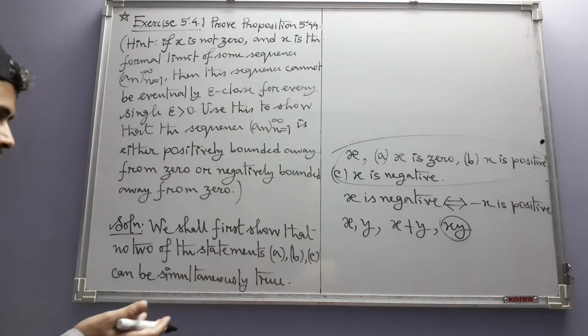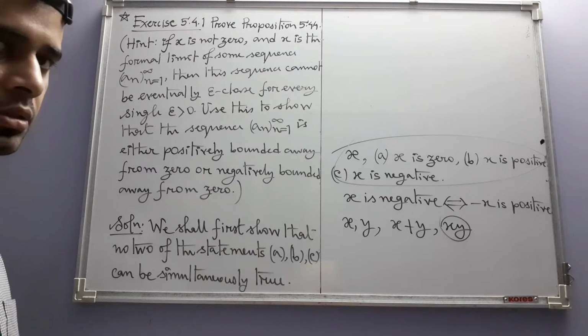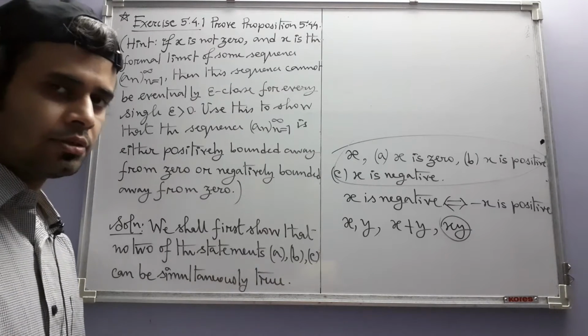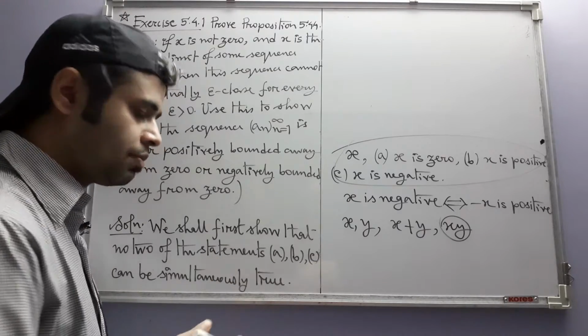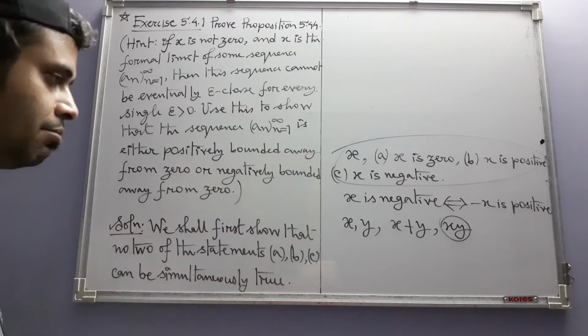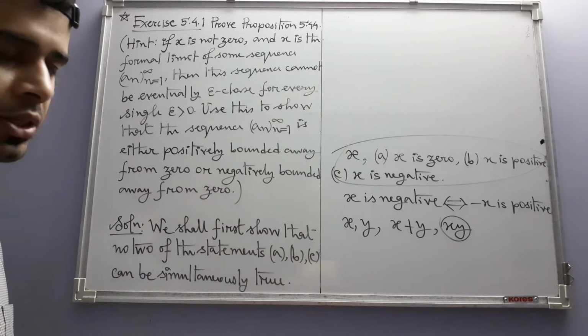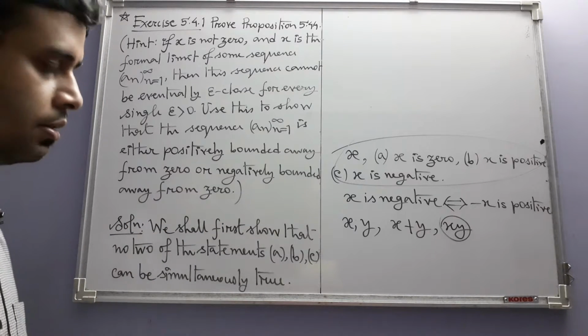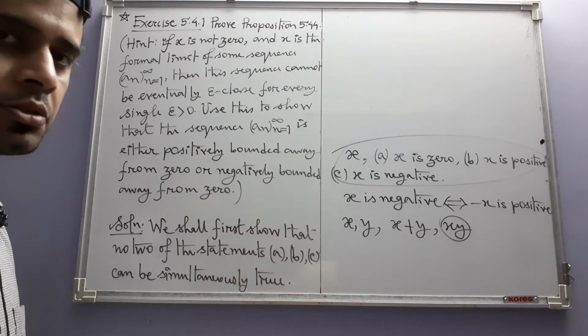And the strategy for this part of the solution you can almost guess. It will be by contradiction. We will suppose that say A and B are simultaneously happening, then we will arrive at a contradiction, then with B and C and so on.